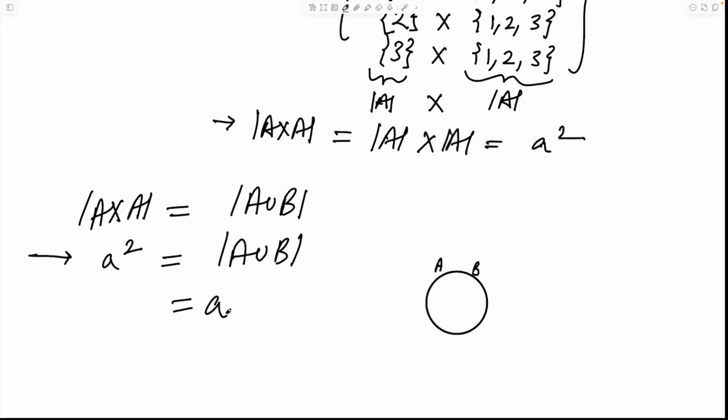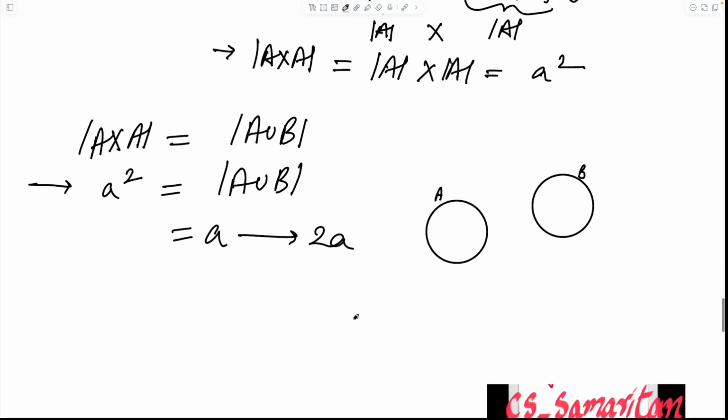But suppose that the elements of A and B are not the same, they are completely distinct. So that is the maximum size that A union B can take, right? So the size of A union B will vary from A to 2A, right? So let's take a variable and represent this in a more arithmetic manner.